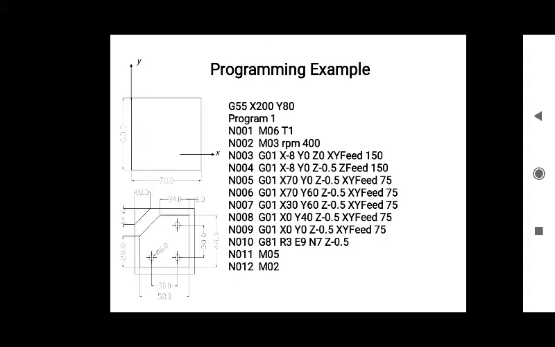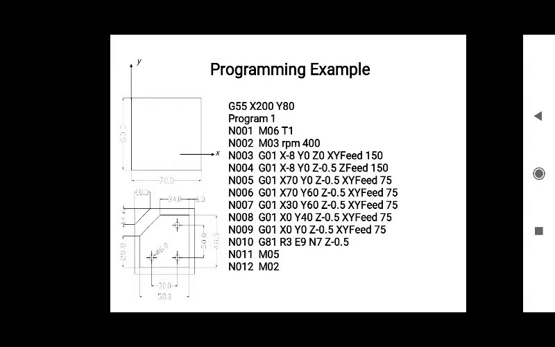Okay, and now we are going to move the cutter in downward direction, that is N009, G01, X0, Y0, Z minus 0.5, XY feed 75. Now our cutter is moving from here to the lower left corner. Okay, so this is one cut.